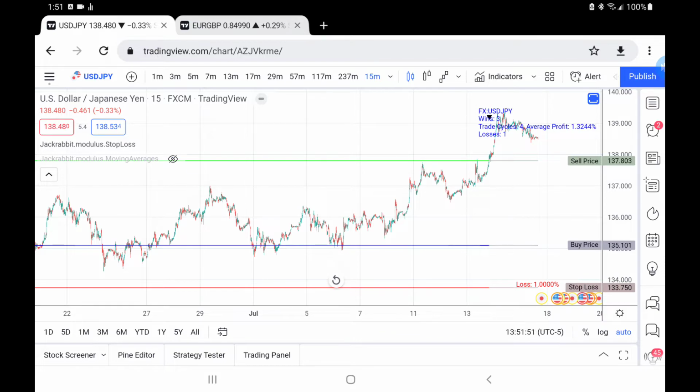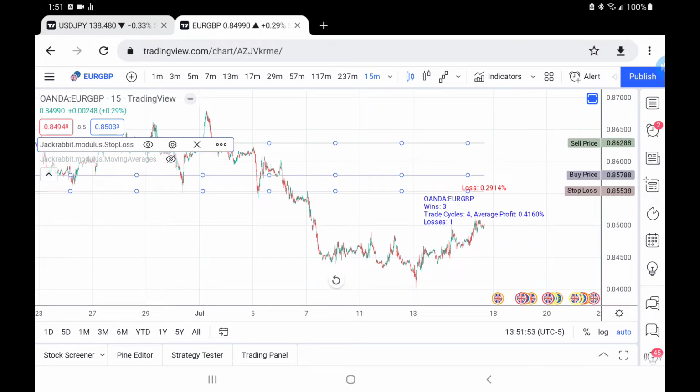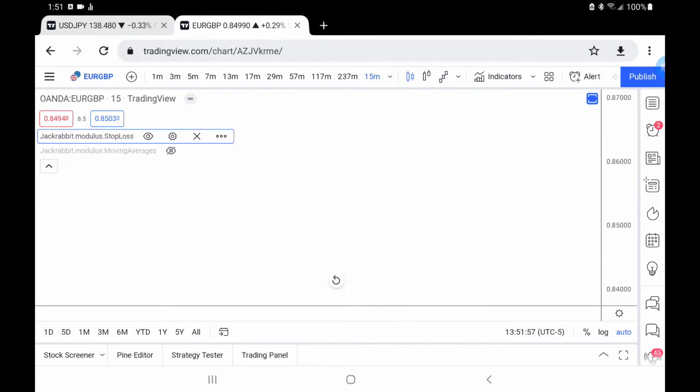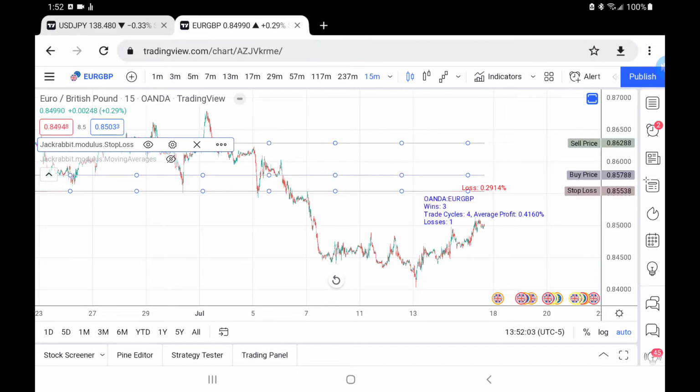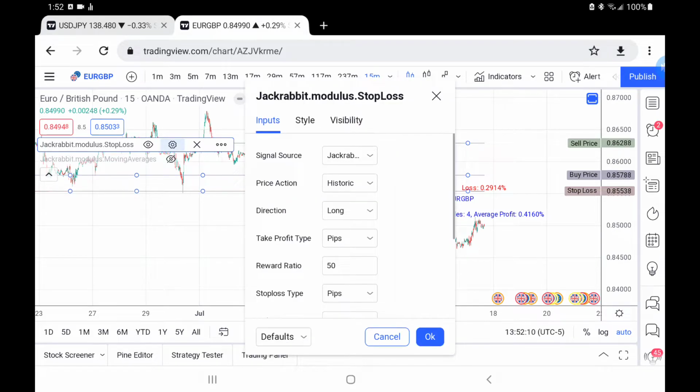For assets that have very little volatility, meaning they barely move, then we want to look at this particular combination. And that is the pip.